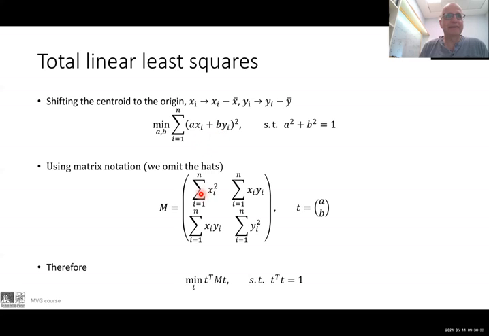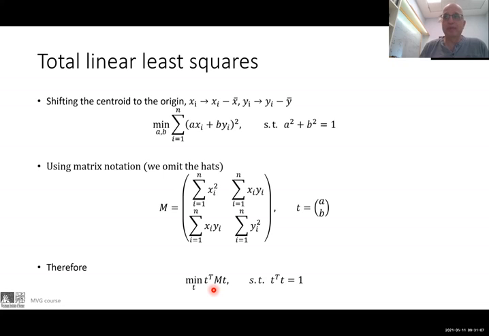If you write sum of xi squared, sum of xi yi in the first row, and in the second row sum of xi yi and sum of yi squared, and multiply from the two sides by the vector (a, b), this is what you get. So this quadratic equation can be written as a quadratic form, where M is known.